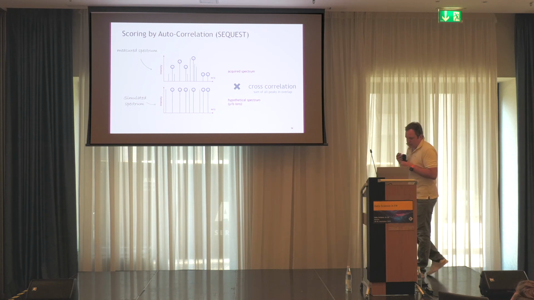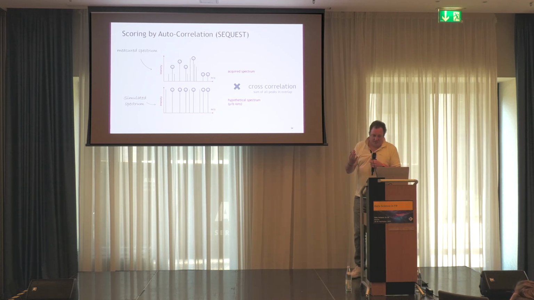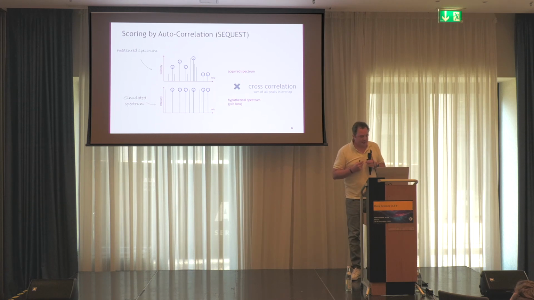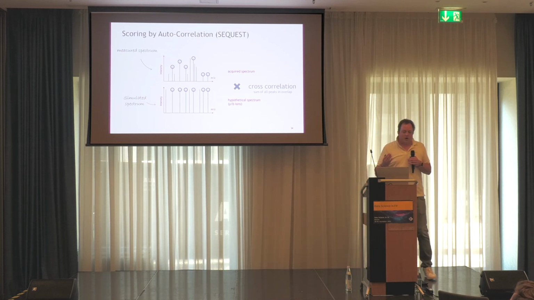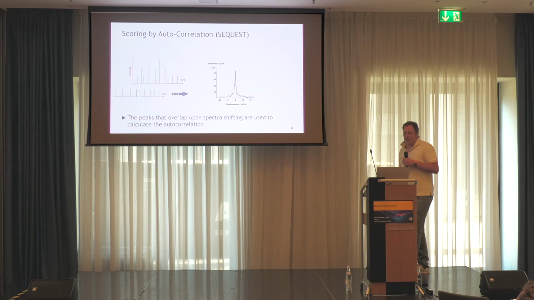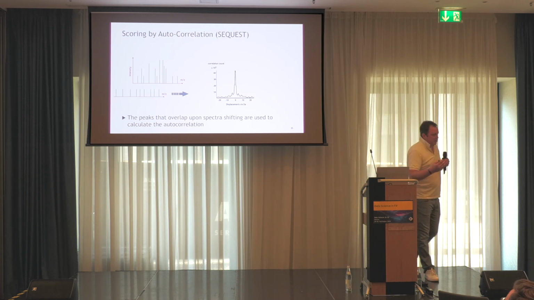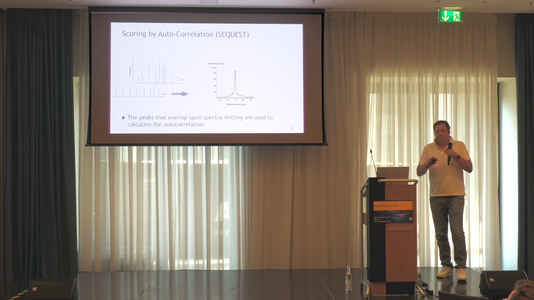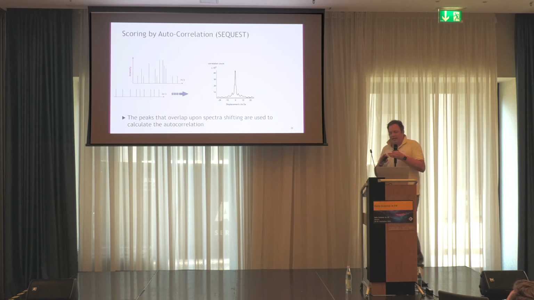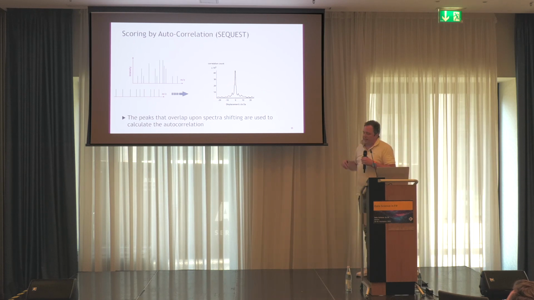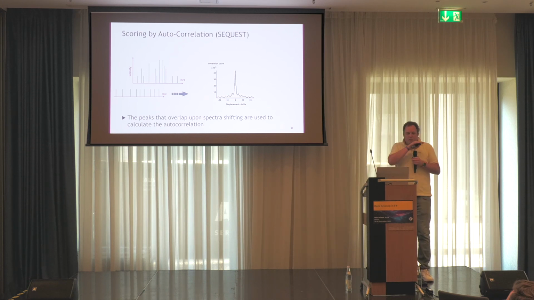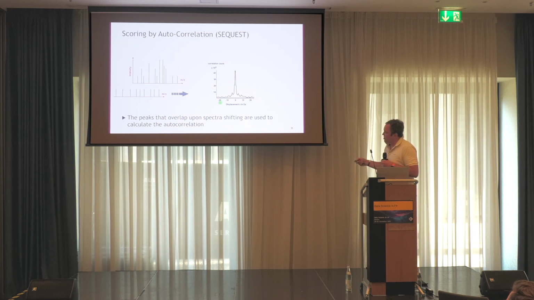We use autocorrelation. It's an algorithm called Sequest, which just does the correlation divided by the autocorrelation of the theoretical spectrum with the real spectrum. So what is autocorrelation again? We're not only taking the sum of both peaks at the same place or same mass, but we also move it across the spectrum and get a correlation value on every shift, right?